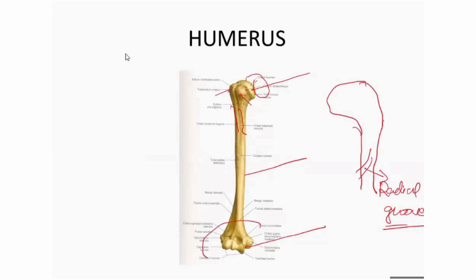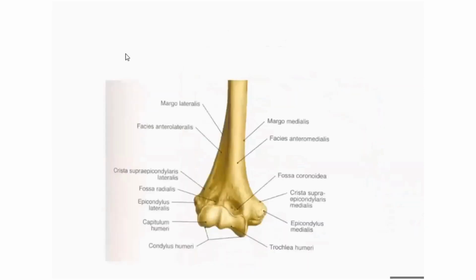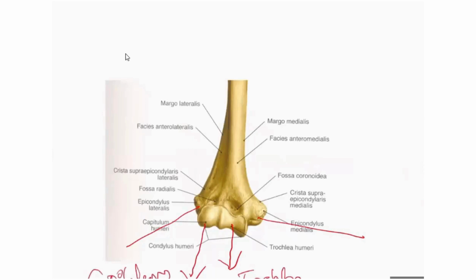Regarding the lower end: medial epicondyle, lateral epicondyle. This is the trochlea, this is the capitulum. This is the coronoid fossa.